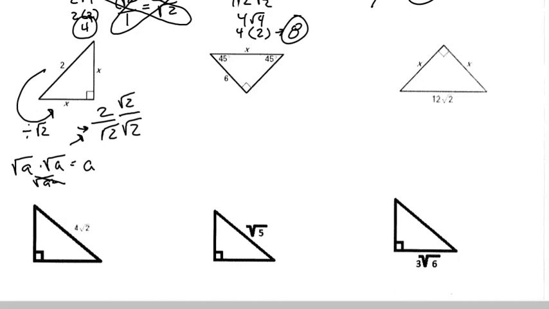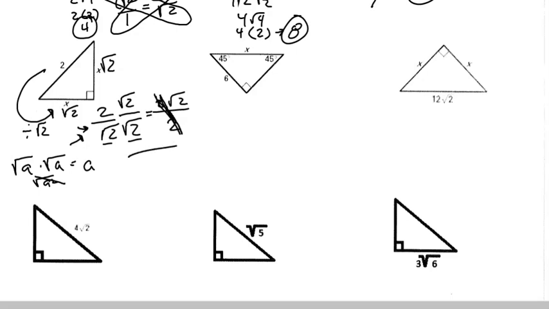You have to multiply the numerator as well. And that gives you 2 rad 2 over the number under the radical, 2. The last thing I should do, because I'm simplifying, is cancel out or reduce any numbers that are outside of the radical. You had a 2 and a 2, they cancel out. So this is just going to give you rad 2, and that one's going to give you rad 2 as well.